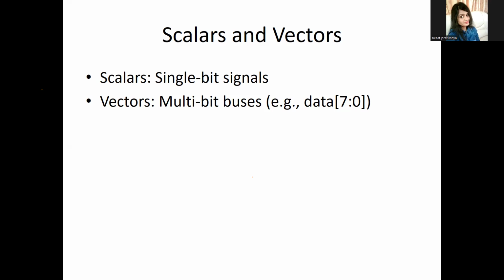So suppose we are writing input [3:0] A. So this is a 4-bit input.